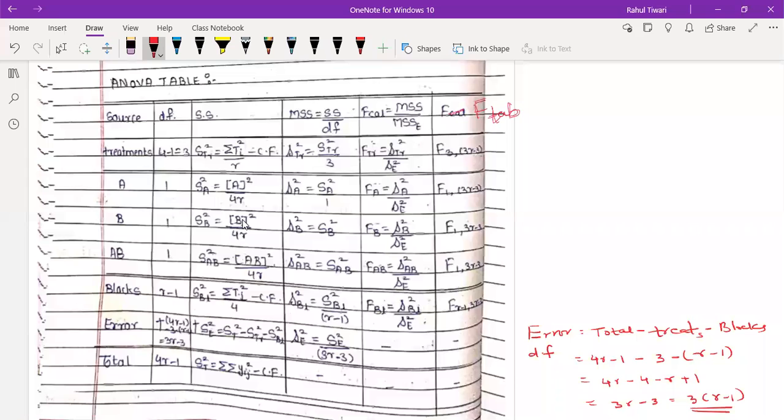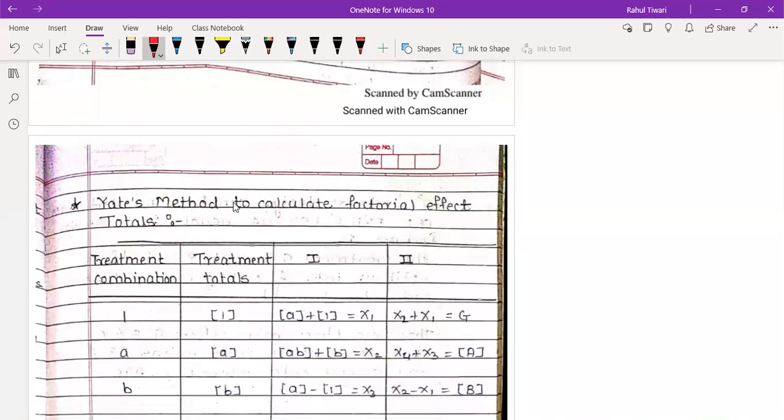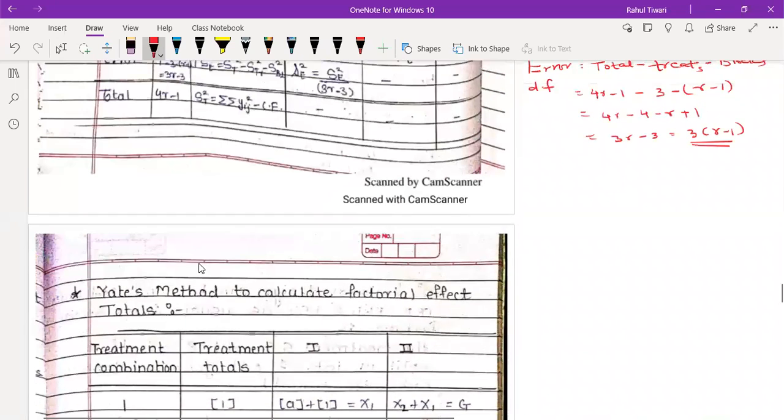But if you are performing the same analysis with the help of software, we do not require the F tab value. We use the software value, which is the P value. The P value is the significance or probability value, which says whether your hypothesis will be accepted or rejected based on the LOS, level of significance.